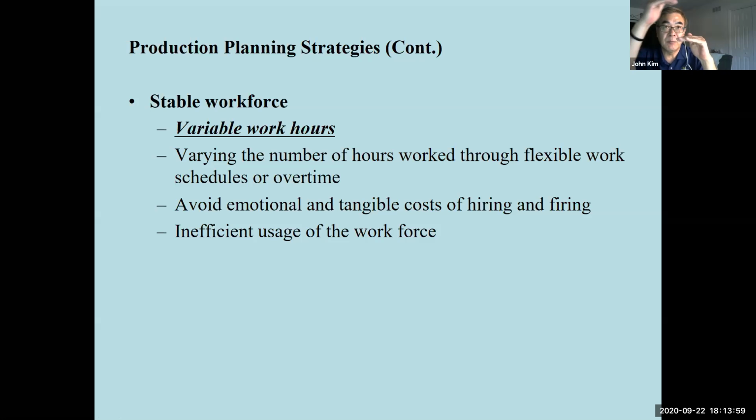So overtime cost is high. That is an additional cost. And if demand is lower than capacity, then this gap is unnecessary capacity. So if they use this stable workforce strategy, the problem is inefficient usage of workforce or capacity.